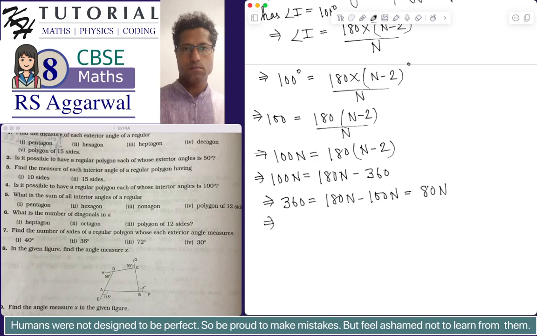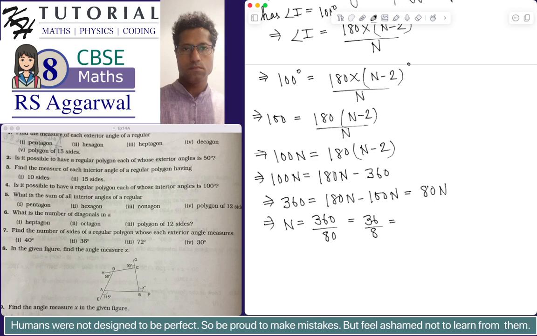So n is equal to 360 divided by 80, which is equal to 36 by 8, and we can clearly see that 36 is not exactly divisible by 8.